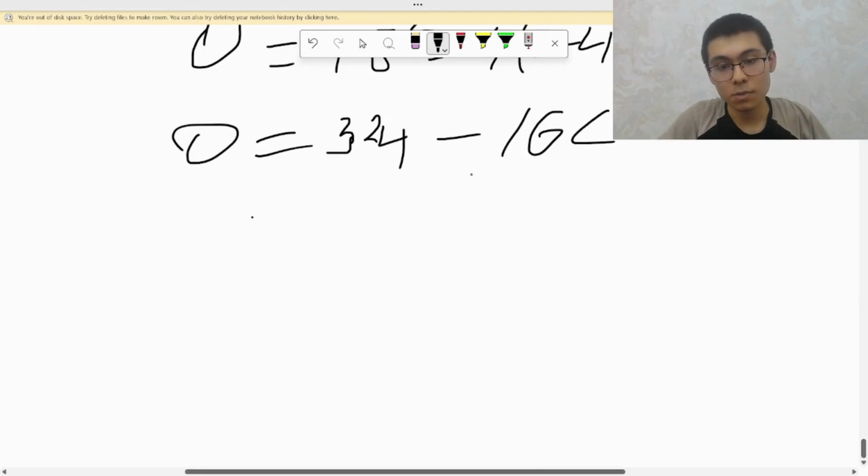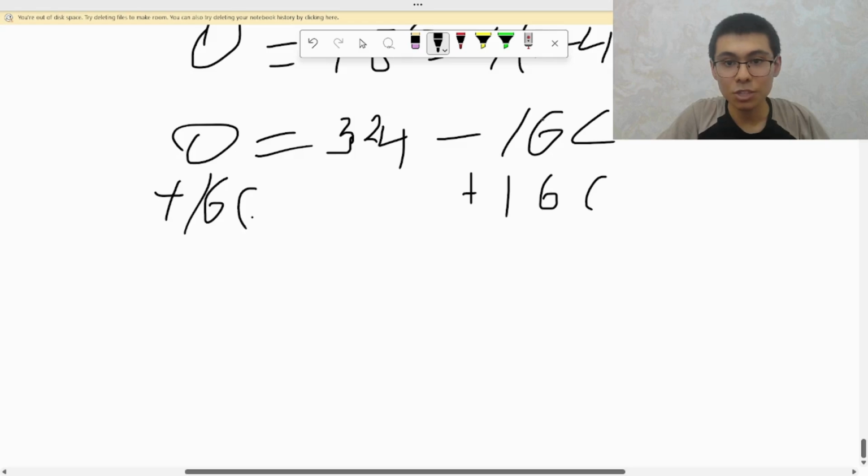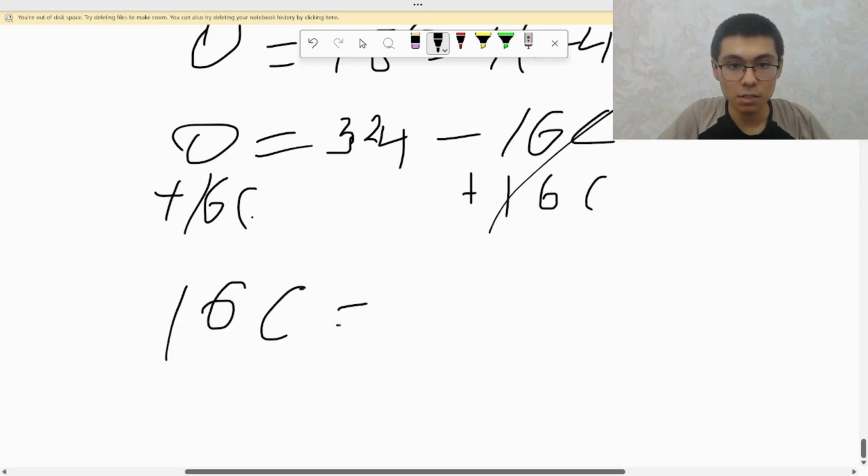So in this case, you're going to add 16c to both sides. And you will have 16c equals 324.